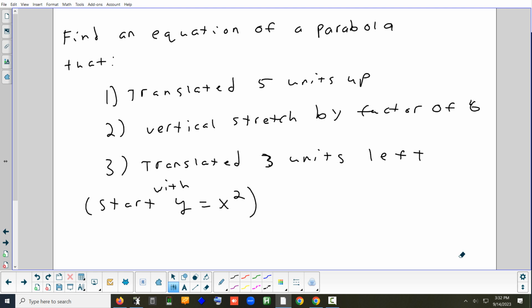So this one is a transformation where they're giving you something to start with, y equals x squared, and they want you to do some steps to it to move it or stretch it. When we do transformations, what's the first transformation that we always start with? We don't always have every transformation, but what would be the first one we would start with?